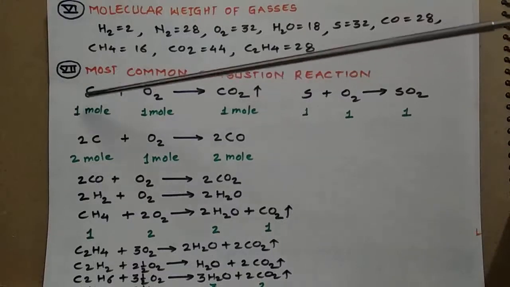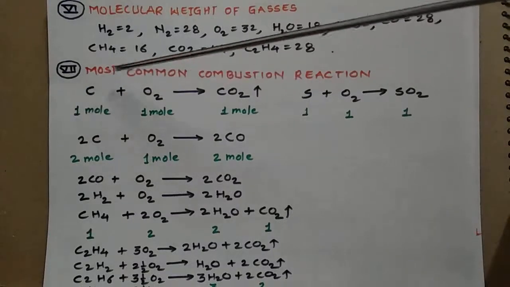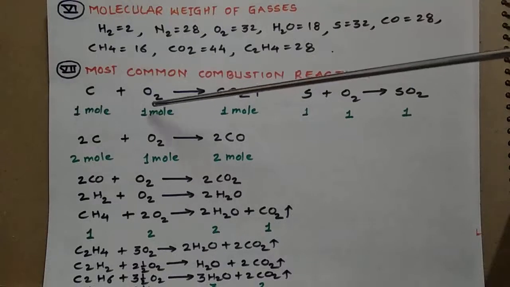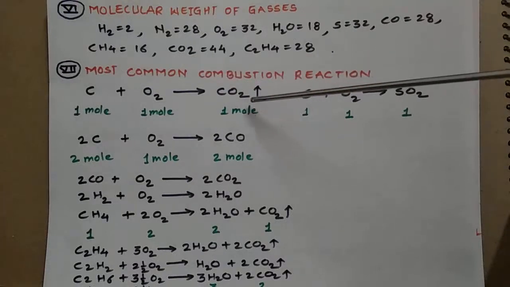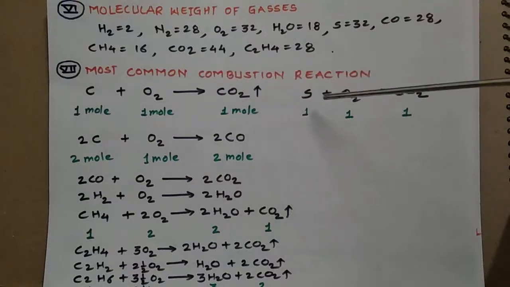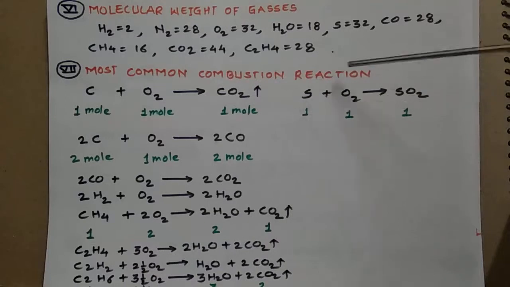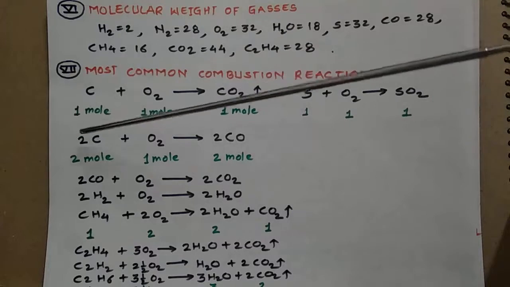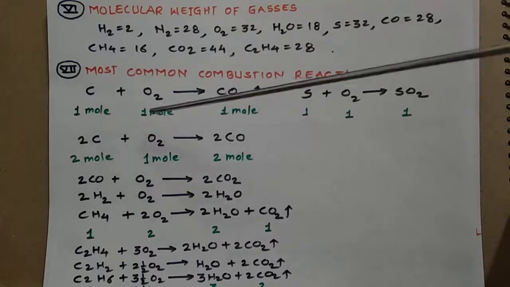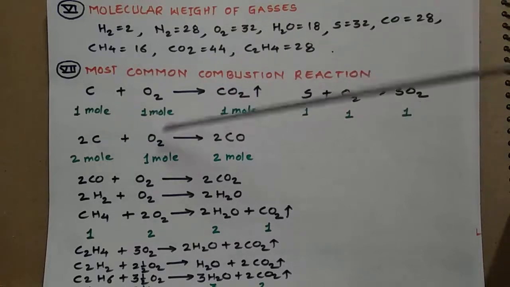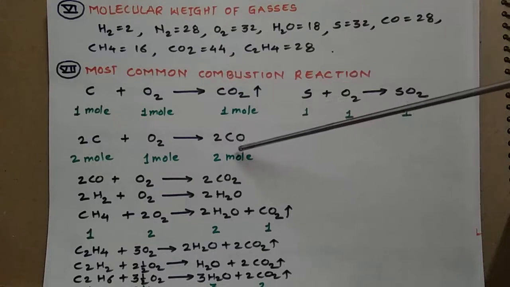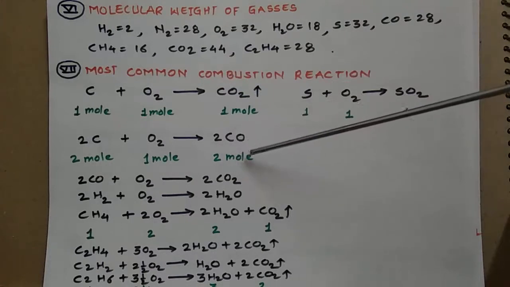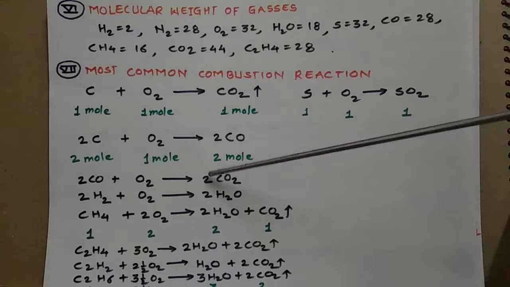So here you can see 1 mole of carbon reacts with 1 mole of oxygen and produces 1 mole of carbon dioxide. Like this, here also 1 mole of sulfur and 1 mole of oxygen produce 1 mole of SO2. Here 2 moles of carbon react with 1 mole of oxygen and produce 2 moles of carbon monoxide.